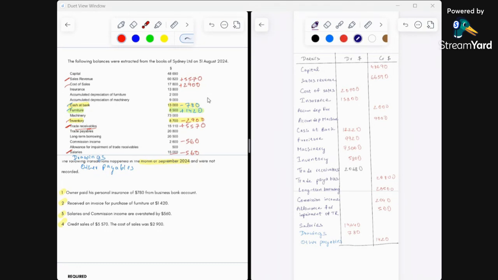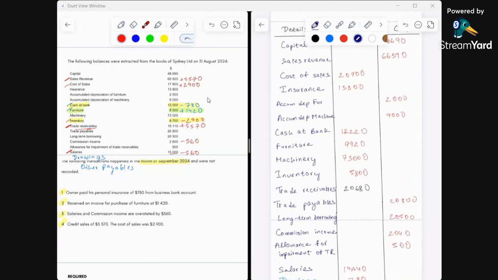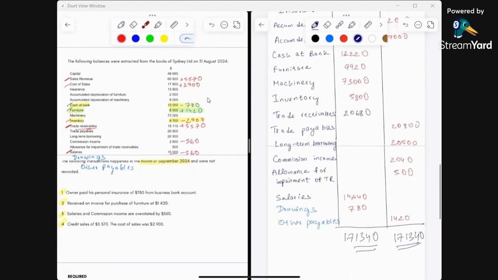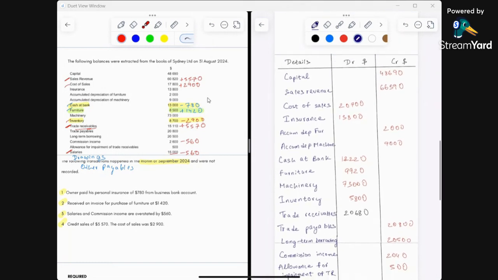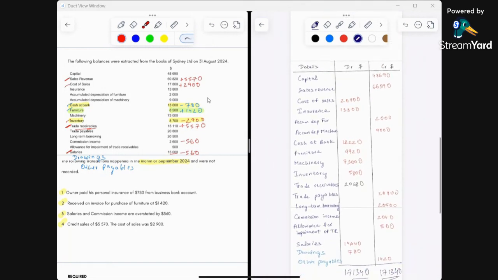So the totals, what we get for the debit column is 171,340, and for the credit column we also get 171,340. I believe so. You should all get the same amount. Okay. All right. So 171,340 is the total for both of the columns.